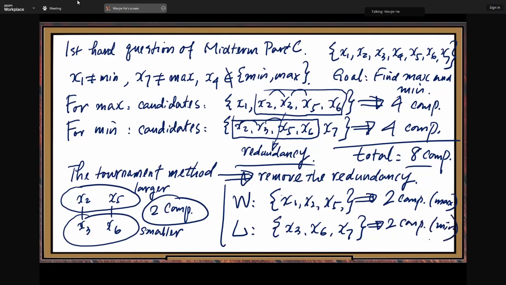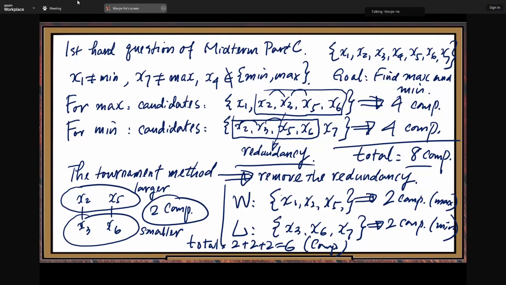Total 2 plus 2 plus 2 equals 6 comparisons. You save 2 comparisons, from 8 to 6. By the tournament method, you can save 2 comparisons. In this example, you can see the importance of this tournament method.